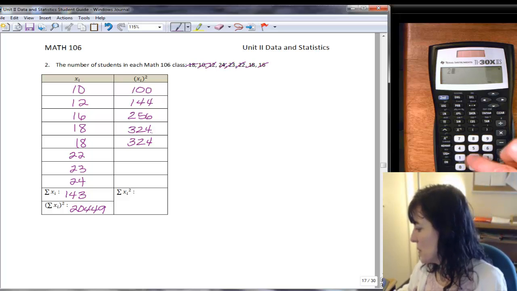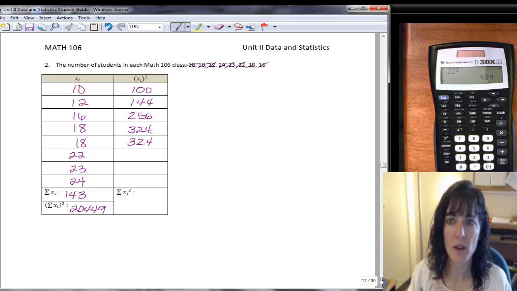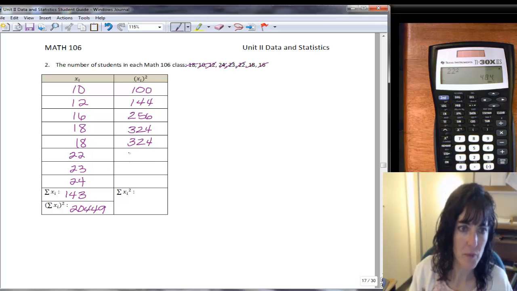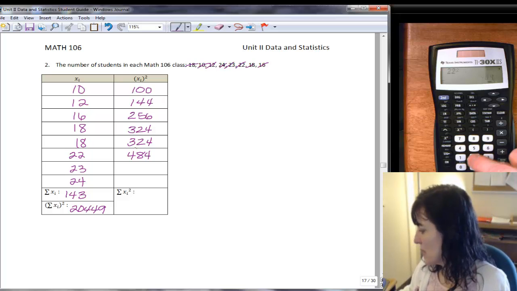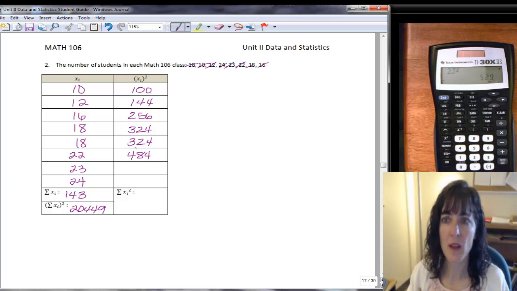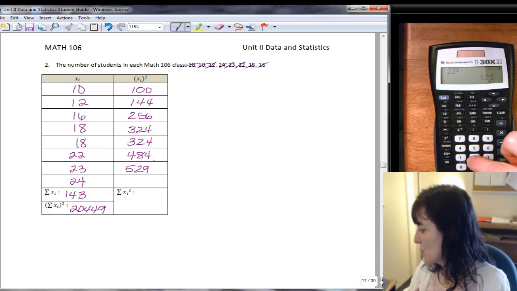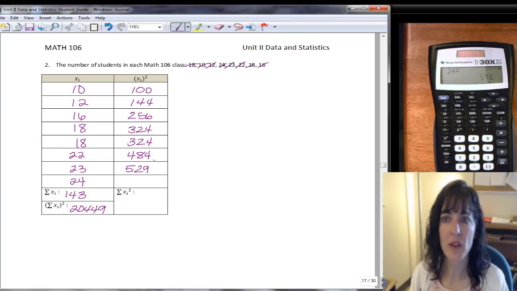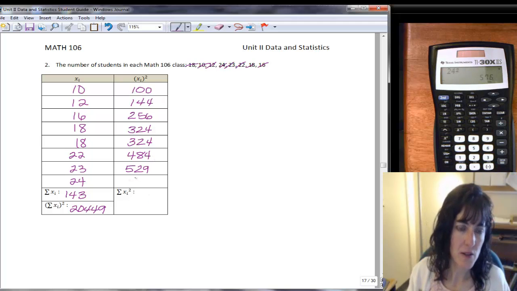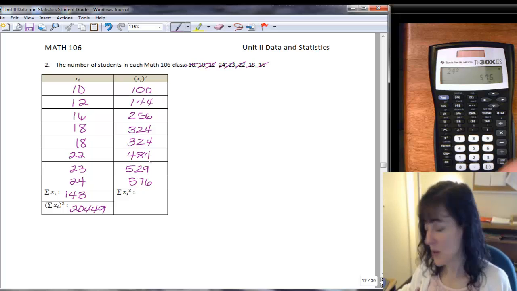Square 22, 484. Square 23, 529. And square 24, 576. And then I need to add all those up.